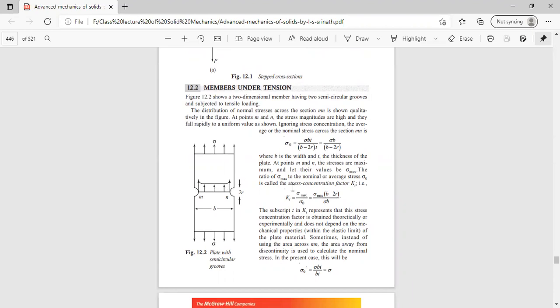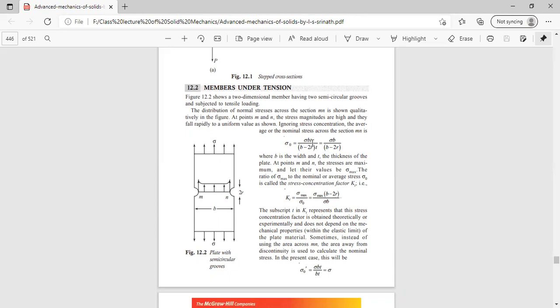And we have discussed that the nominal stress or average stress across the section is defined as sigma B into T divided by B minus 2R into T, where sigma stands for the stress induced, B is the width of the member, and T is the thickness of the member.